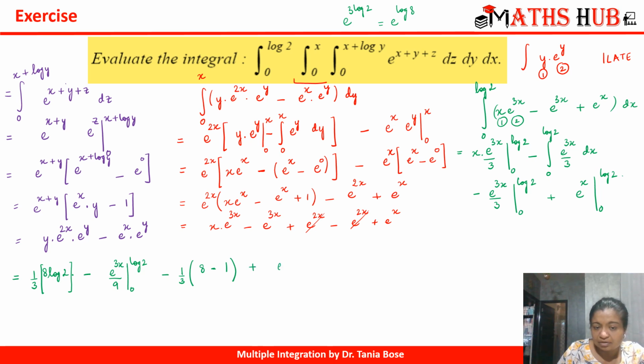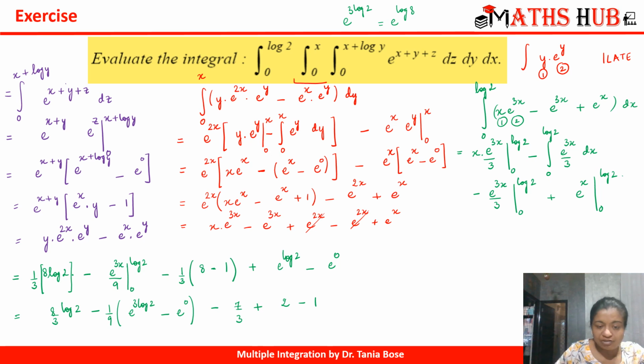E to the power log 2 minus e to the power 0. So this is finally 8 by 3 log 2 minus, how much is this? I can keep 1 by 9 constant. This is e to the power 3 log 2 minus e to the power 0, minus 7 by 3 plus, this is 2 minus 1.